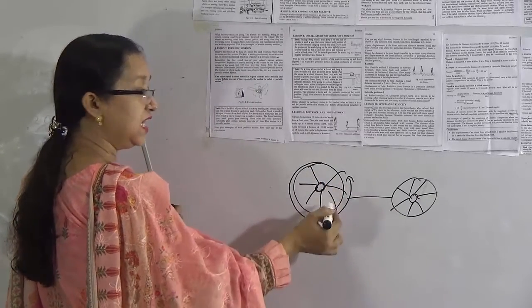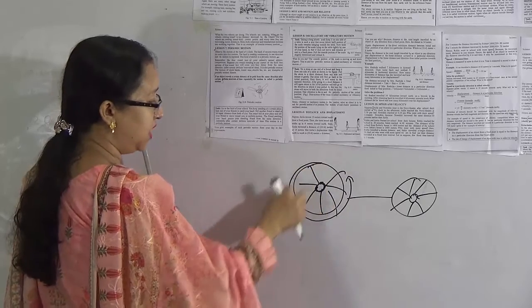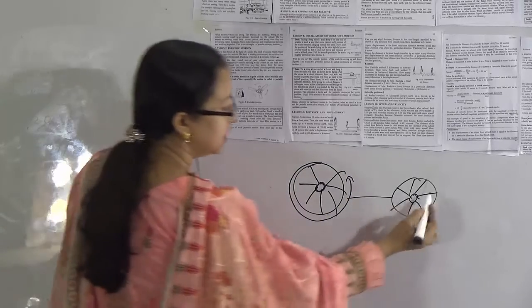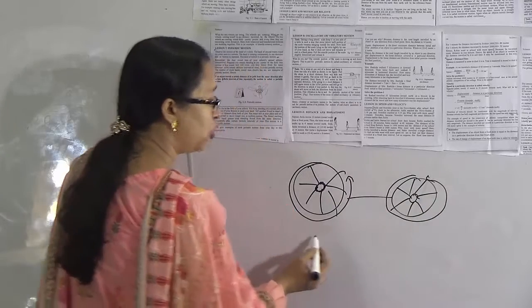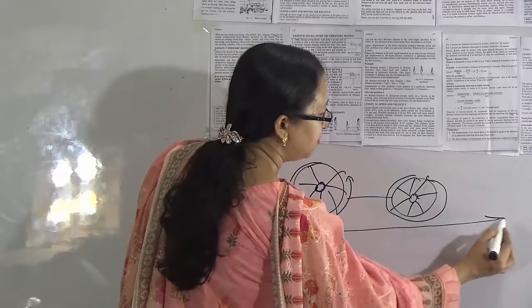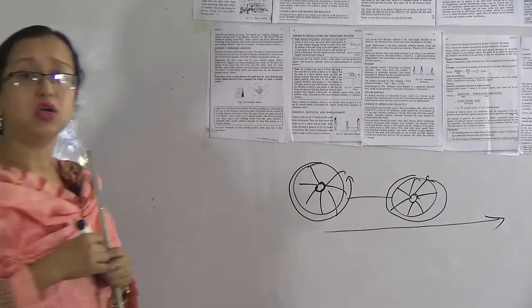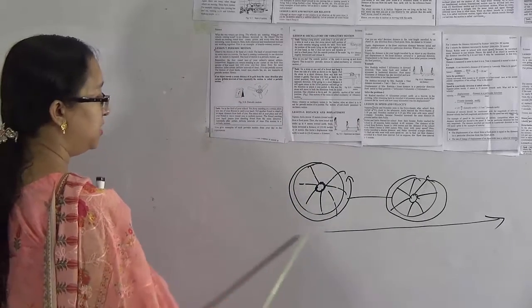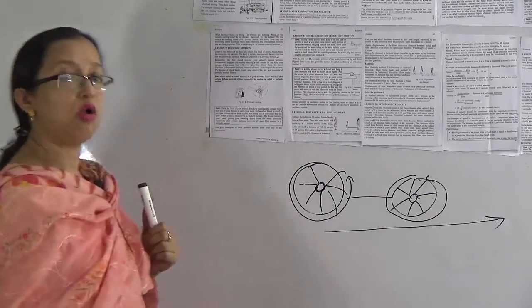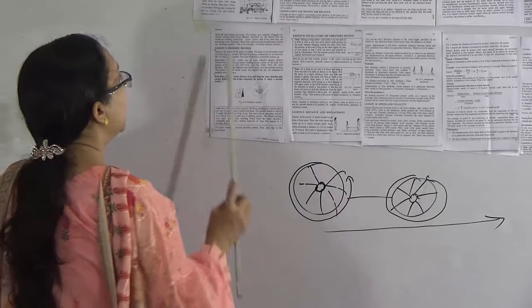The cycle is moving from this place to this place. That means the rotating point is the same, but at the same time it also passes some distance. That means it is called translatory motion, because the cycle is rotating, but it also covers distance. So it is called translatory motion.